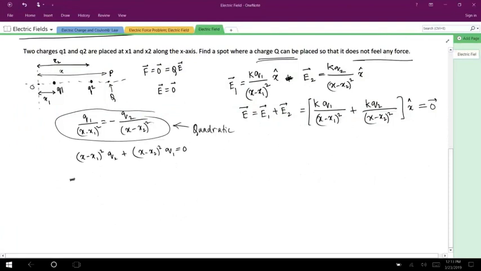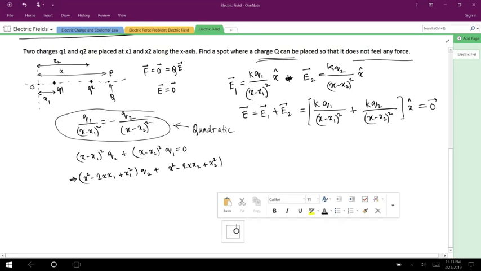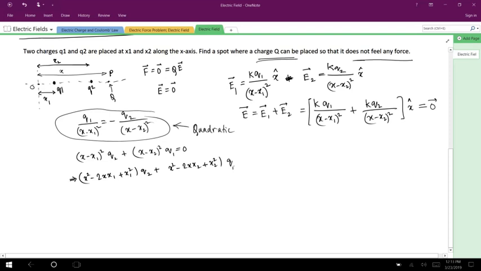And now we can break these parentheses, and we will have (x squared minus 2x x1 plus x1 squared) times q2 plus (x squared minus 2x x2 plus x2 squared) q1 is equal to 0.